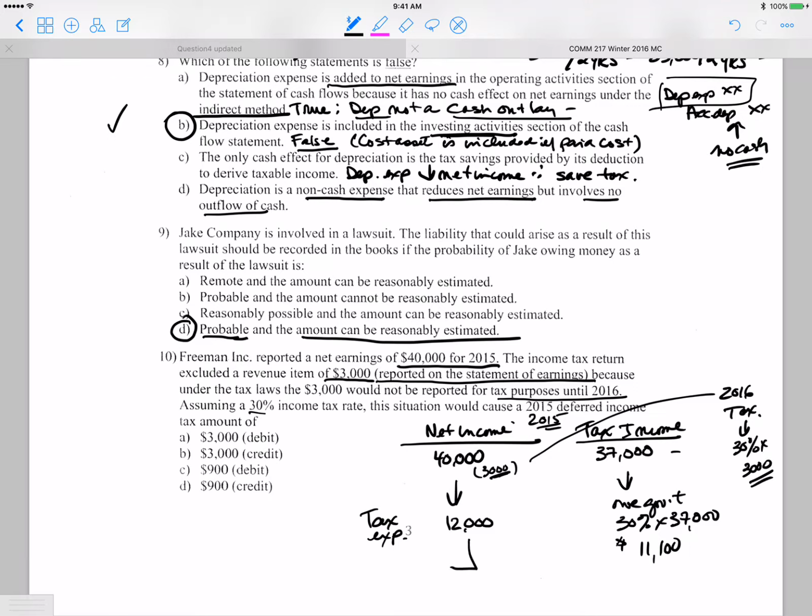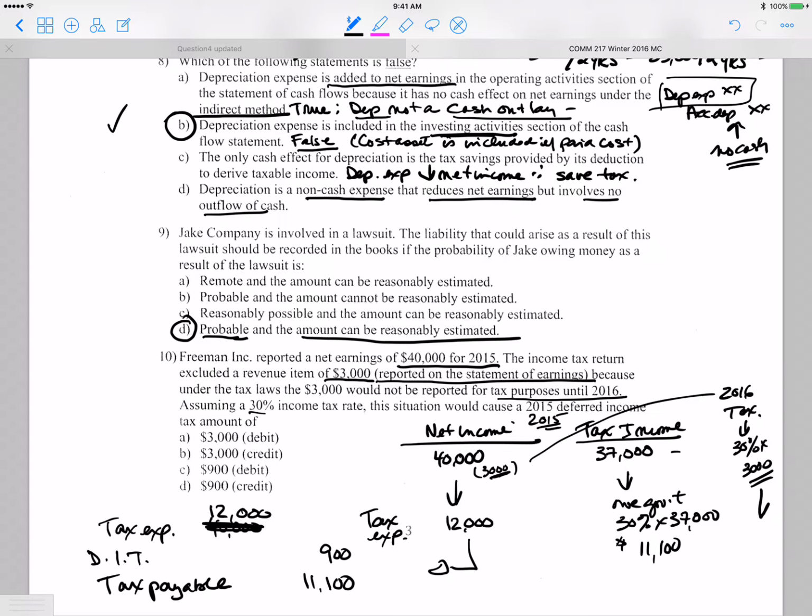So let's go through the entry and see what it would look like, and then we'll get our answers. For 2015, you're going to record a tax expense of 12,000, because this is based on your accounting income. You owe the government tax payable of 11,100, and the difference is a deferred income tax, taxes that you will be paying in the future, and the difference is $900.